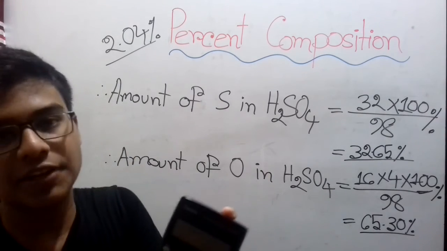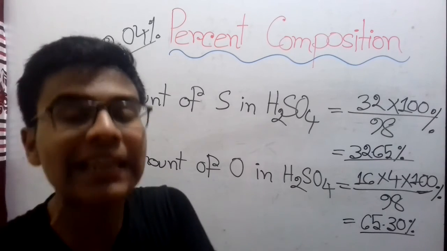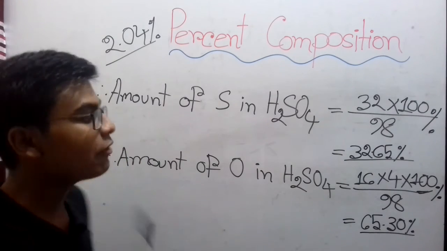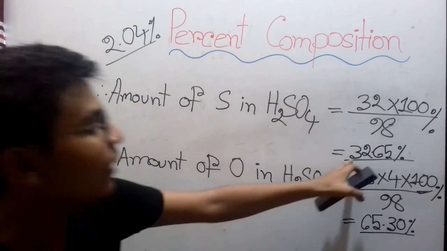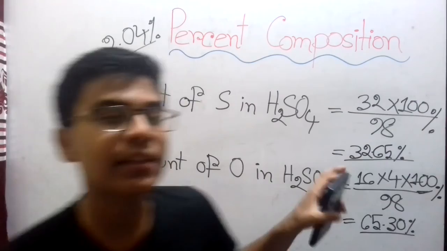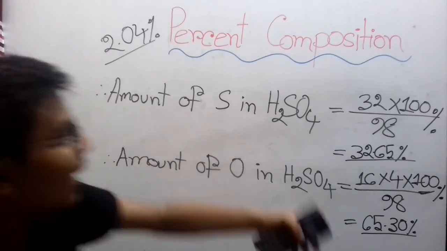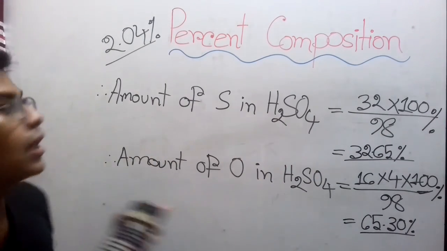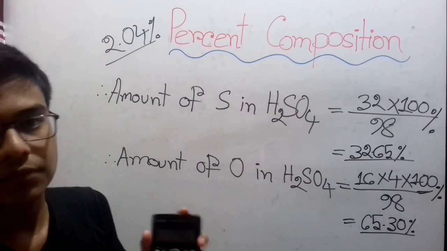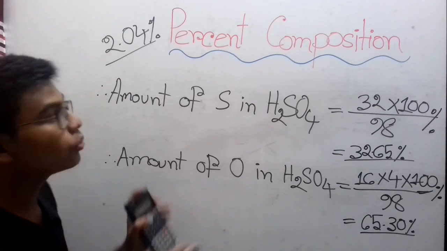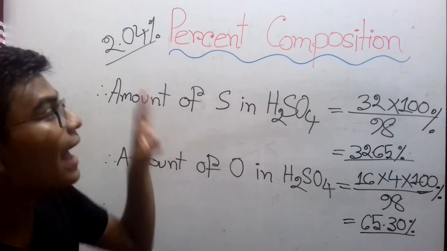That is nearly 100%, and if you want to make it accurately 100%, you have to do one thing: take 3 digits after the decimal, so that the summation will be 100. In this way you can find the percent composition of any compound.